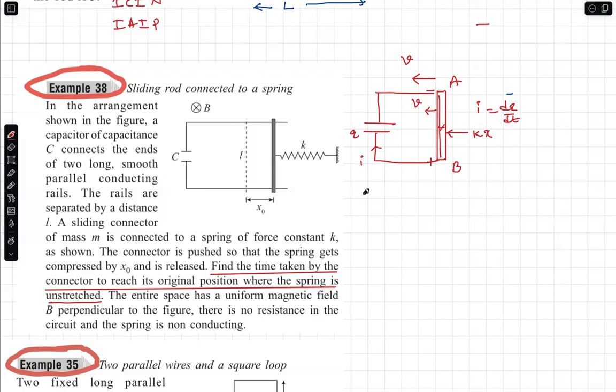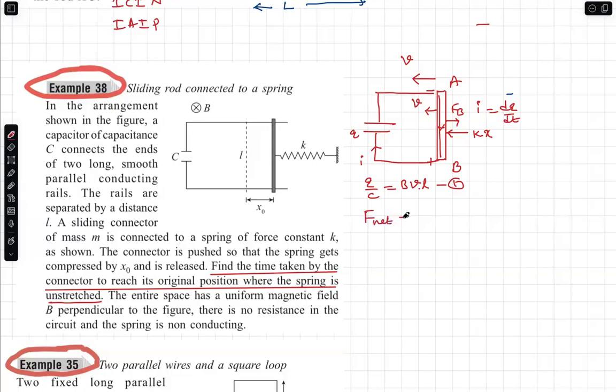So Q by C is BVL. That is one equation. Net, what are the forces? Now, inward magnetic field, rightwards is the magnetic force.